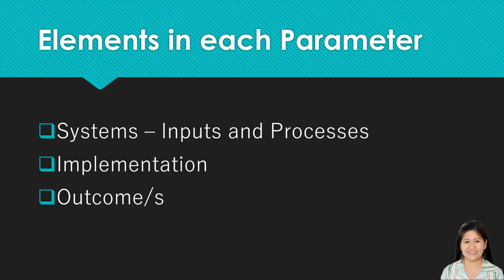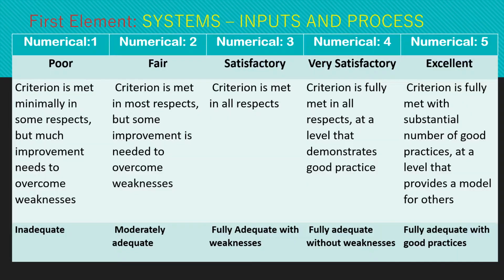We move on. So for the survey instrument, there are 3 elements for each parameter. Ito po yung systems, inputs, and processes, implementation, and outcomes. Okay, yung first element is the system, input, and processes.